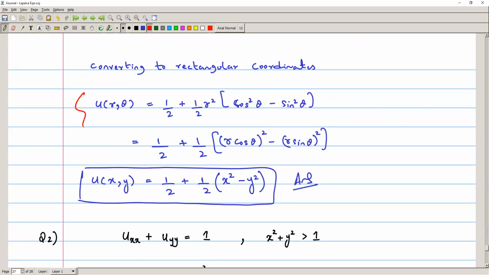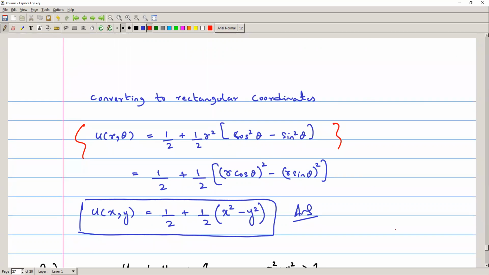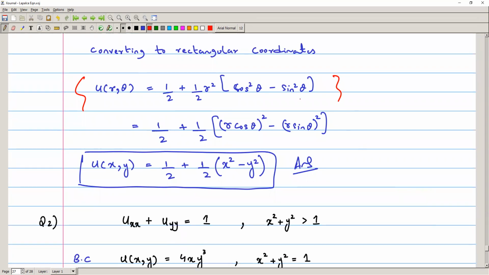It's simple: cosine 2 theta equals cosine squared theta minus sine squared theta. We multiply r squared with both of them, and get (r cosine theta) squared minus (r sine theta) squared, which means x squared minus y squared. So this is the required Cartesian form for this problem, right?